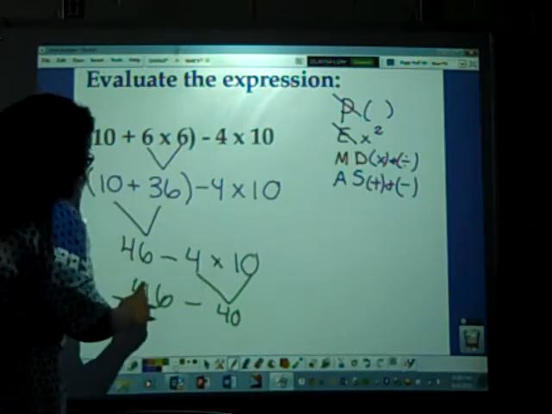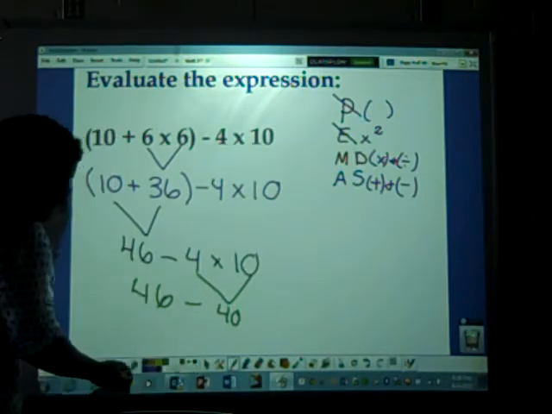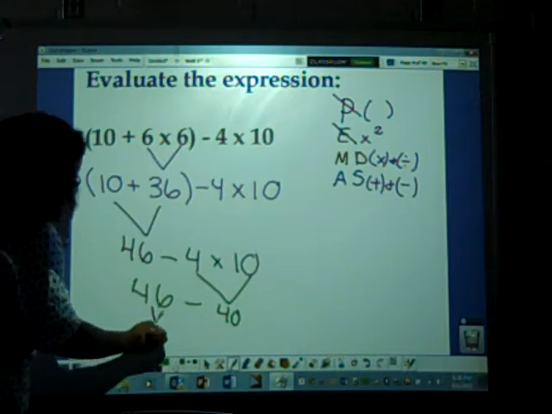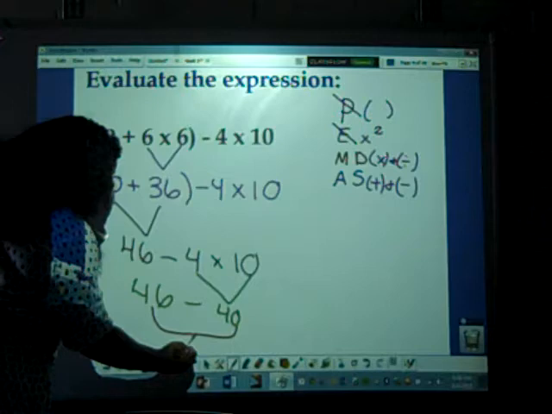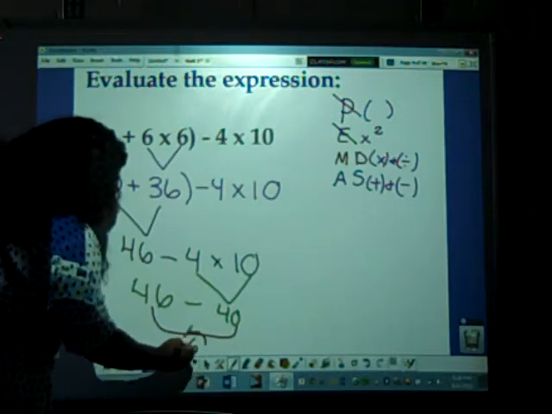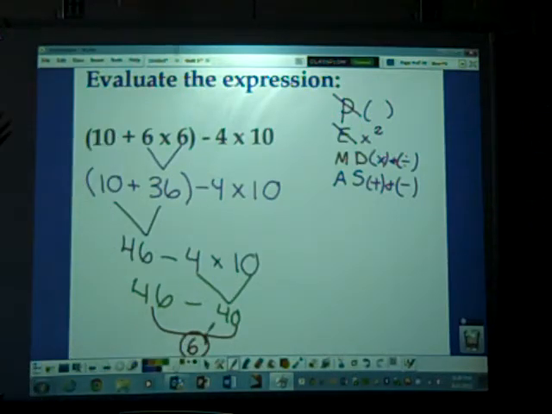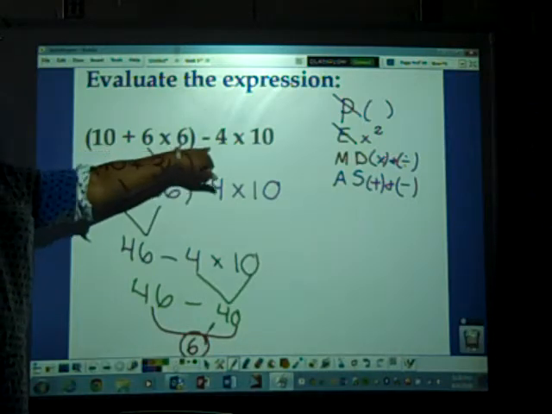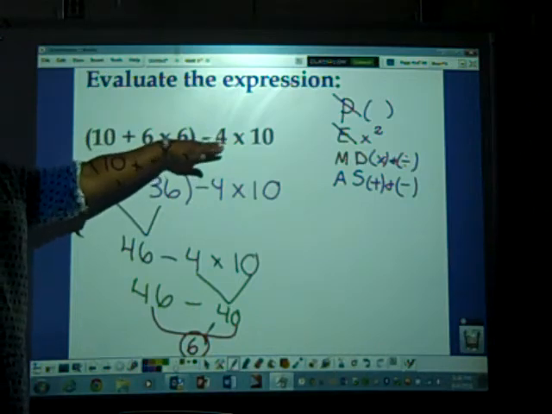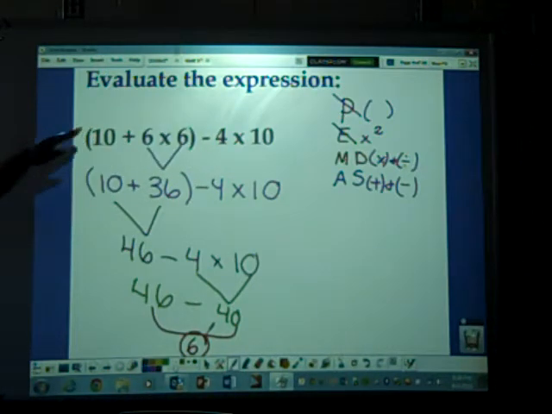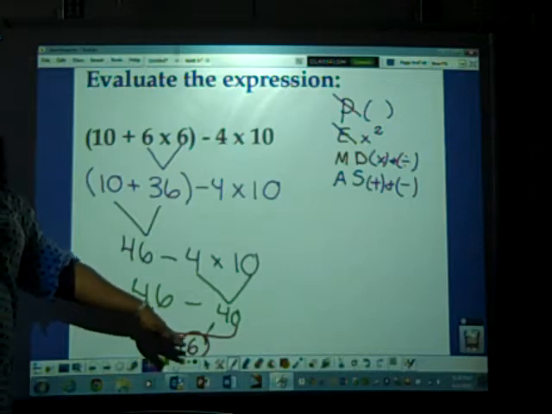All right. Now I have 46 minus 40. 46 minus 40 equals what? 6. And that's it. So my final answer, when I evaluate this numerical expression, is 6.